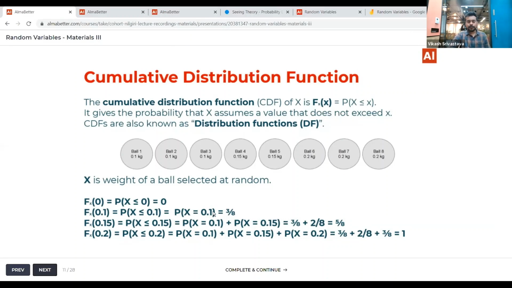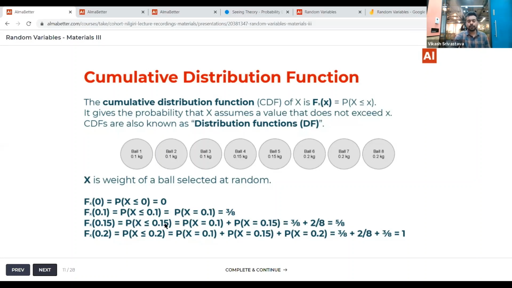And then here, if you write the probability of x less than or equal to 0.1, there's only one value which is less than or equal to 0.1, that is 0.1 itself, right? So the probability of that is 3/8. When you write F of 0.15, that means the probability of x less than or equal to 0.15.